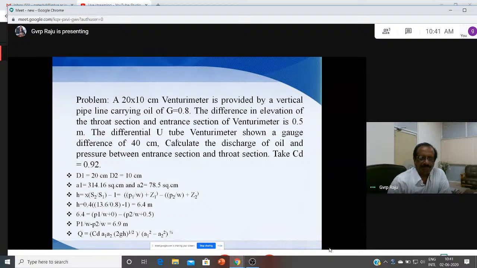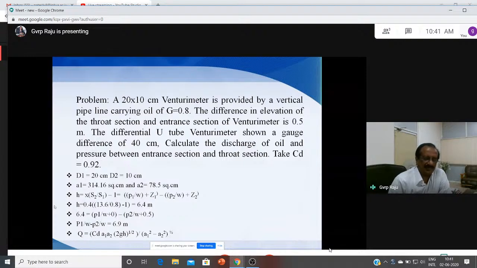So the mercury displacement is 40 centimeters, you can convert to 0.4 meters, so 0.4 into 13.6 by 0.8 minus 1, S2 by S1 minus 1, which is equal to 6.4 meters.